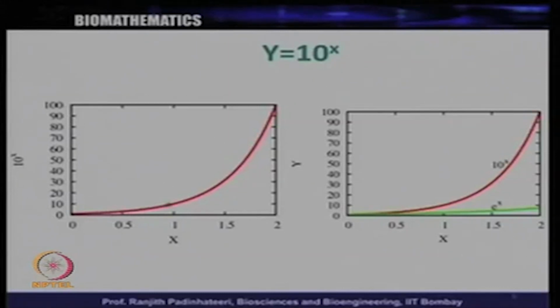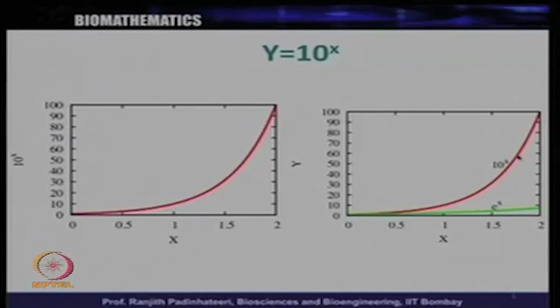This increases very rapidly, as you can see here: when x went from 1 to 2, the y went from 10 to 100. So, this is increasing much faster than e power x. What is plotted on the right hand side is a comparison of 10 power x and e power x.